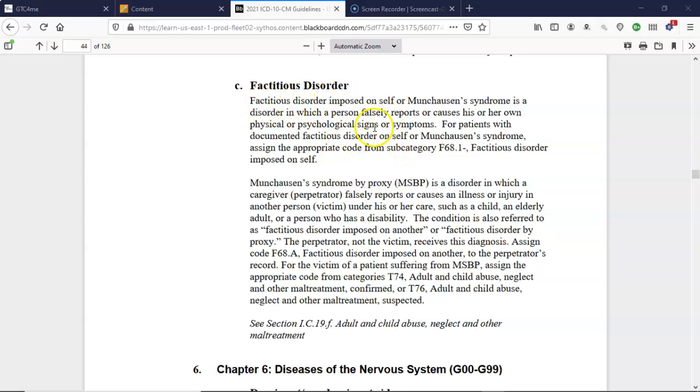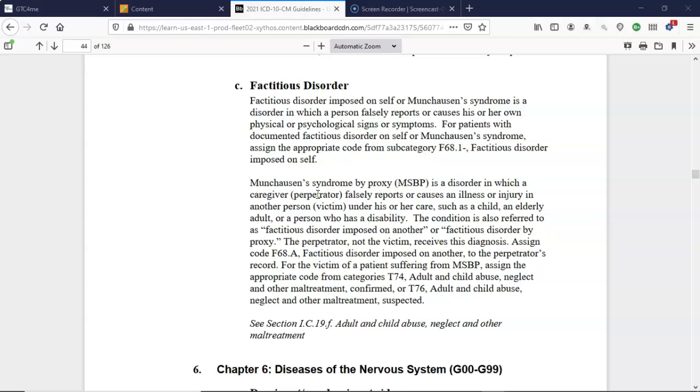And this is a condition, obviously, where somebody says they're sick and they're not. And it's consistent over time, not typically a child who plays hooky from school, but an adult who consistently makes themselves sick or reports signs and symptoms they don't have. And you may be very familiar with Munchausen syndrome by proxy. This is when a caregiver, and often a mother sometimes, reports or causes an illness in their child or somebody in their care.